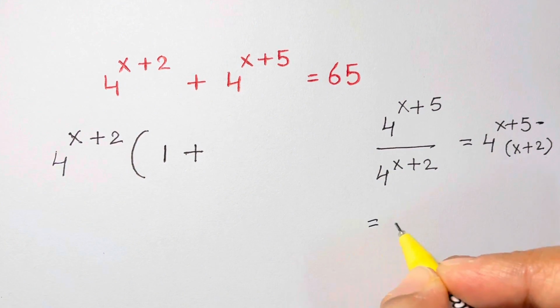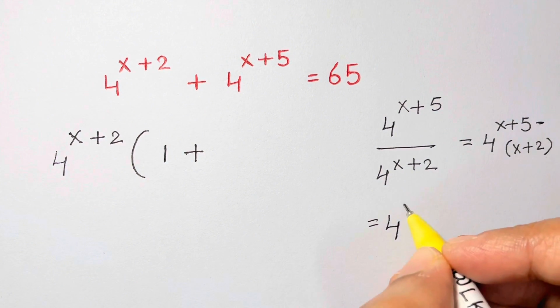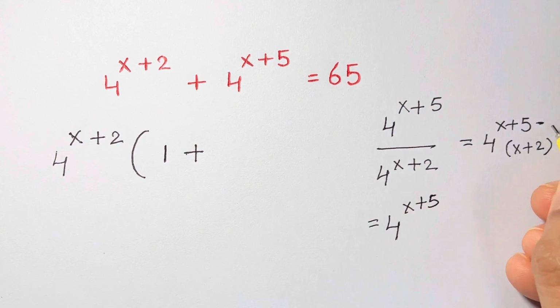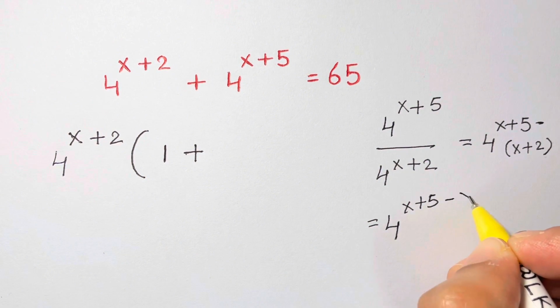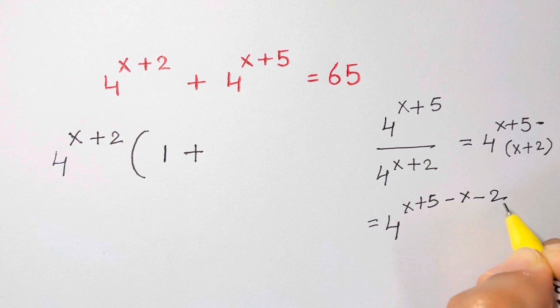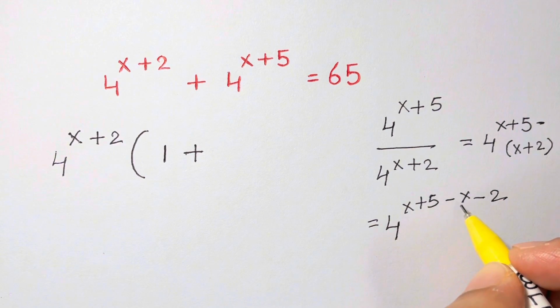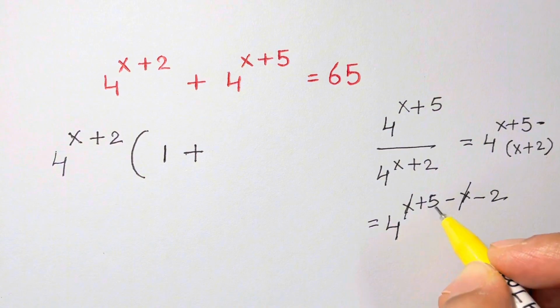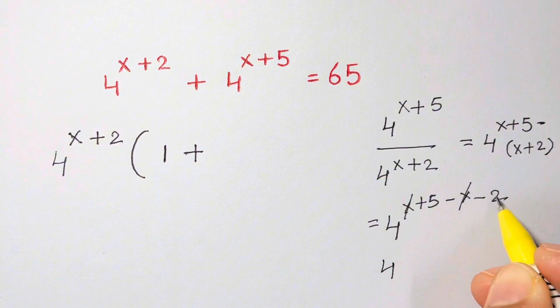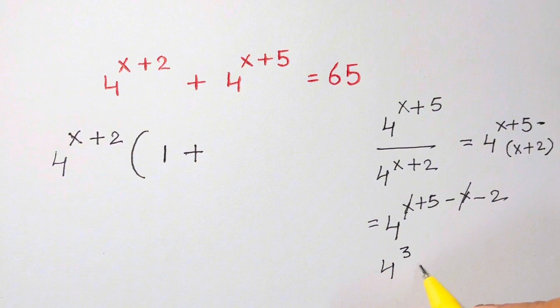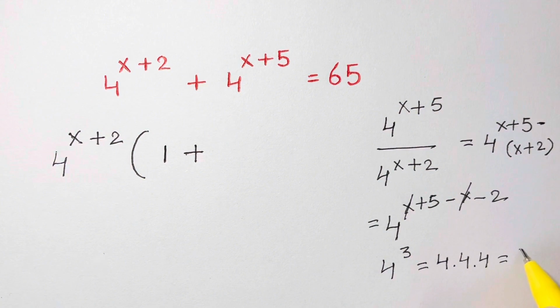Now I have 4 to the x plus 5, open up the brackets, minus x minus 2. Now you have the same variable, x minus x cancels. So you have 4 to the 5 minus 2, which is 3, and 4 cube is 4 times 4 times 4, which is 64. So you've got the answer as 64.